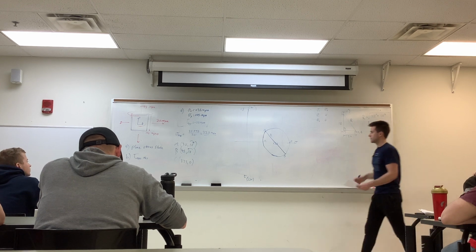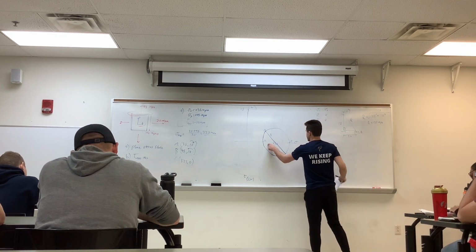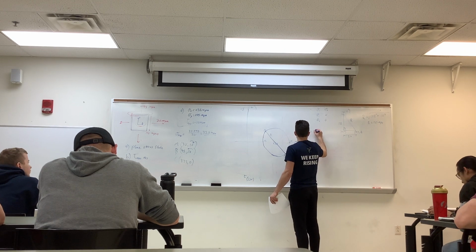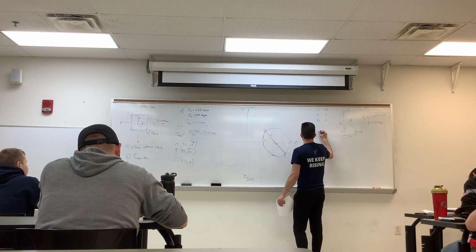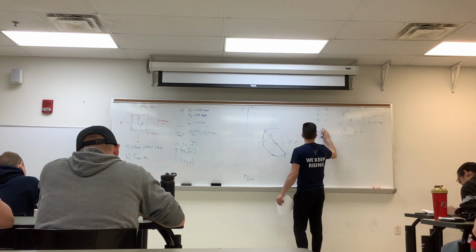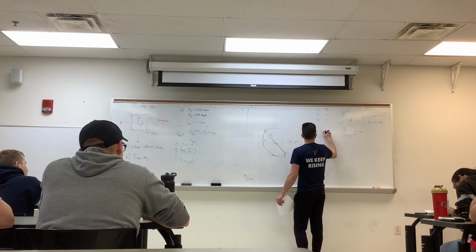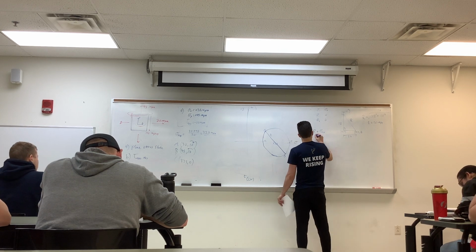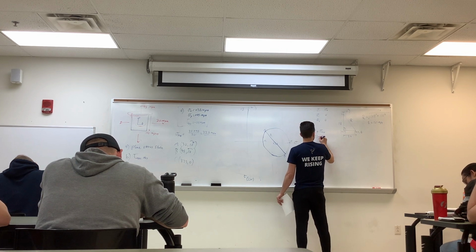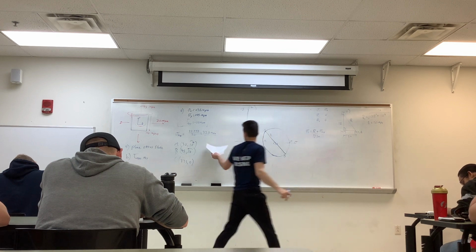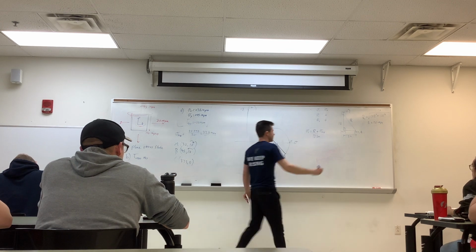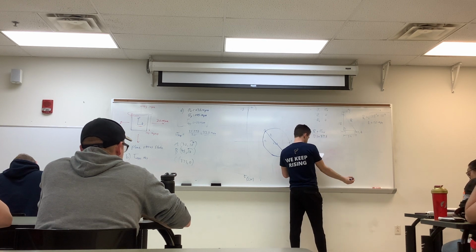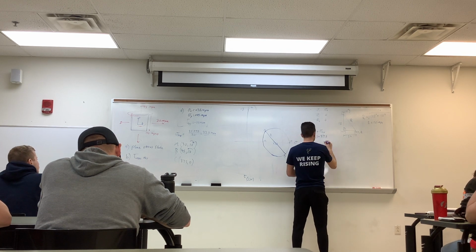So from here, we can solve for both our sigma 1 and sigma 2. Sigma 1 is just r plus the average, which is our radius of 12.5 plus our average of 37.5, giving us 50.